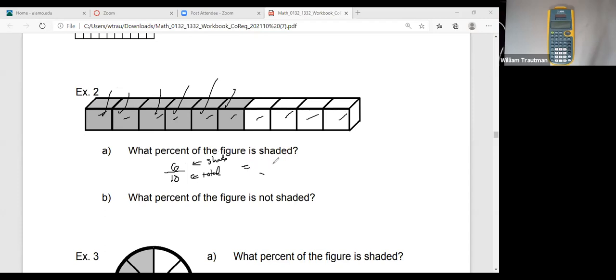If I put that in my calculator, I get 0.60. This is the decimal equivalent. If I multiply that by 100, I get 60 and percent symbol, percent. So 60% is shaded in this problem.